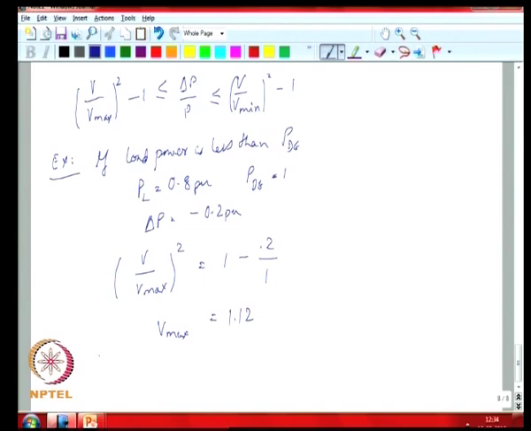So, if you do a similar exercise, if delta P is minus 0.5, which means that if the load was only 50% of the power that was getting pumped in through a DG unit, you get V max of 1.4. So, you get a much higher over voltage if the power being pumped in by the DG is higher.